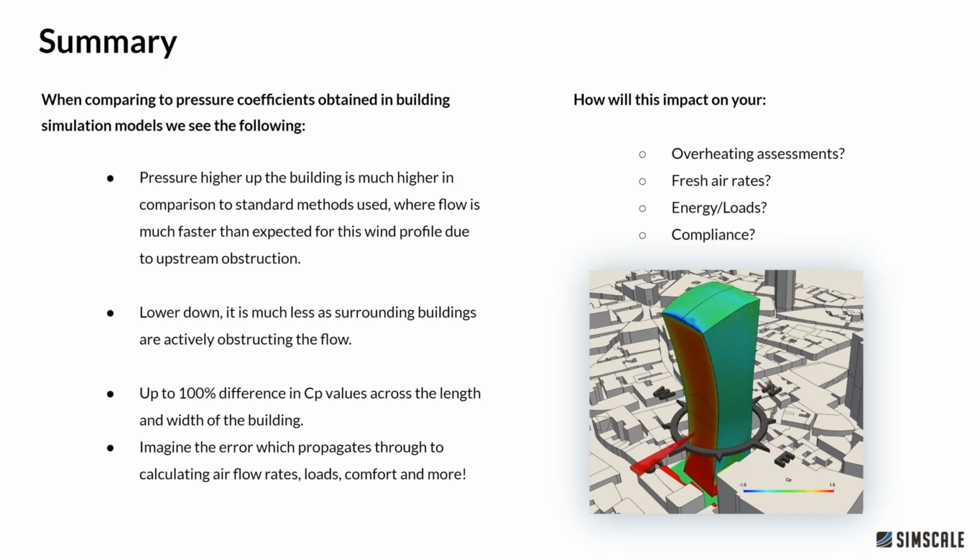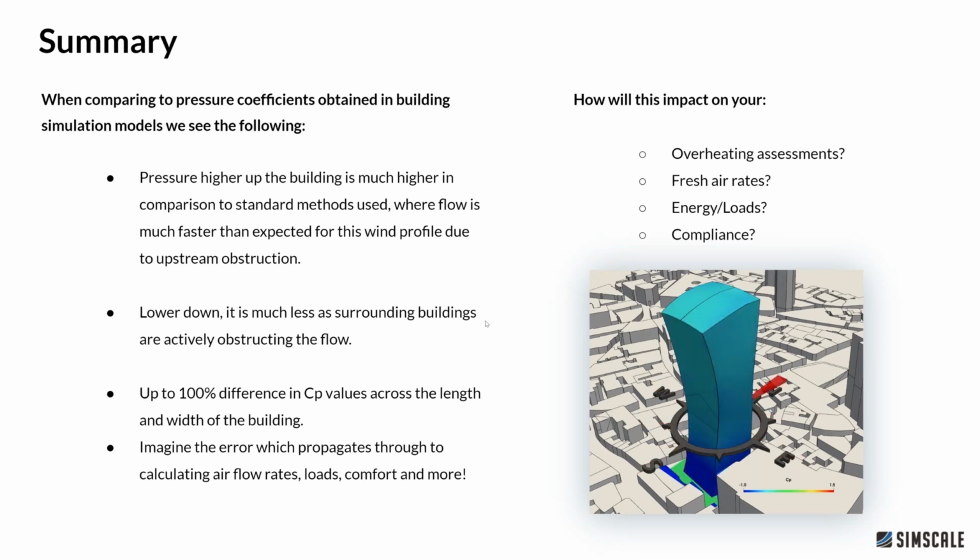Imagine that error propagating through to calculating airflow rates, loads as well, and comfort. All of that then impacts your cooling loads, heating loads, and energy, as we talked about before, and your thermal comfort. We all know the velocity of air in your room will impact your thermal comfort, and it's a variable in the calculation of things like operative temperature and various other thermal comfort criteria as well. Sometimes we're given a value to use when it comes to compliance or overheating assessments, but how can you actually see that?